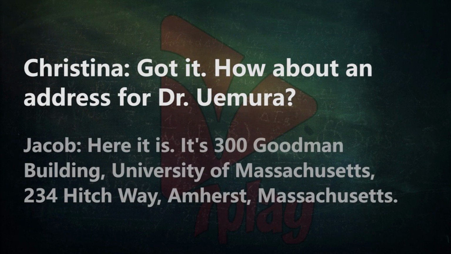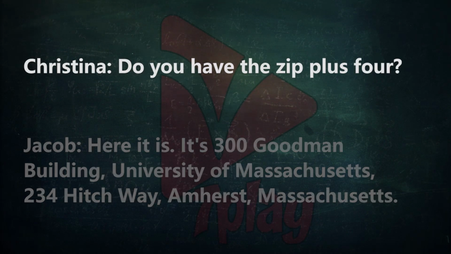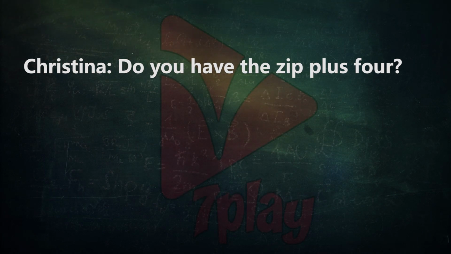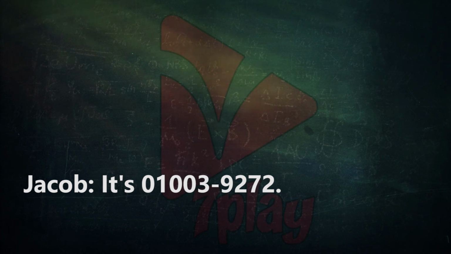Here it is. It's 300 Goodman Building, University of Massachusetts, 234 Hitch Way, Amherst, Massachusetts. Do you have the zip +4? It's 01003-9272.